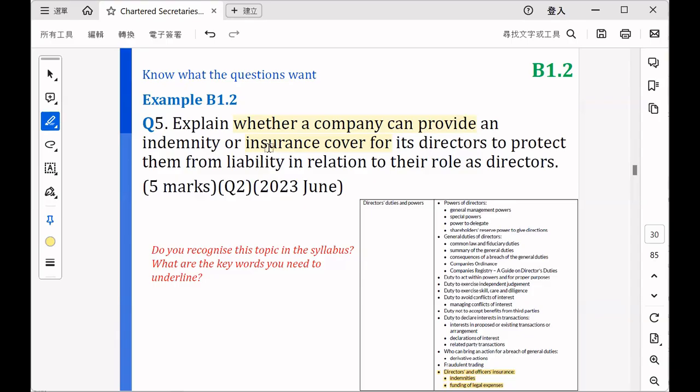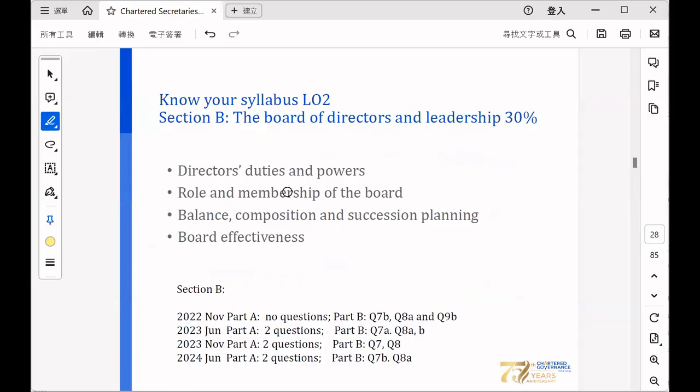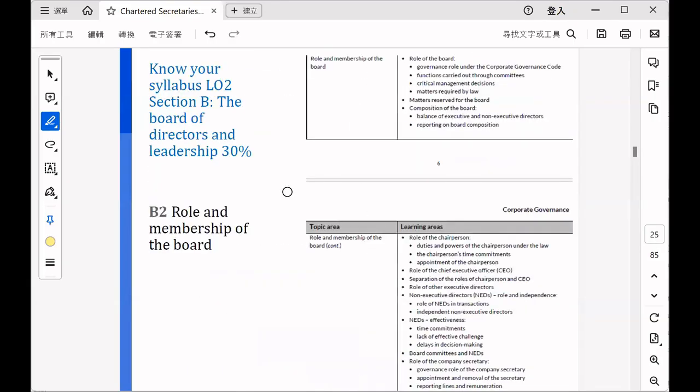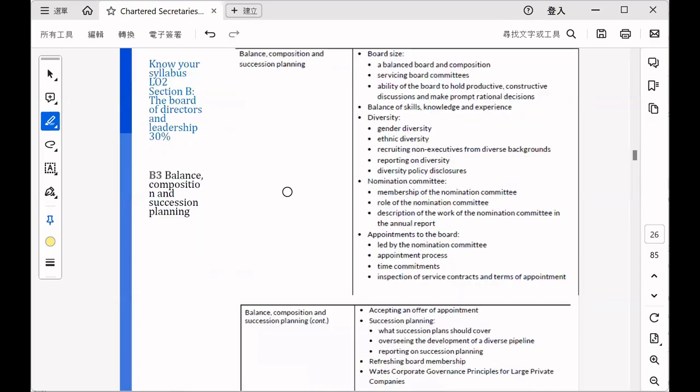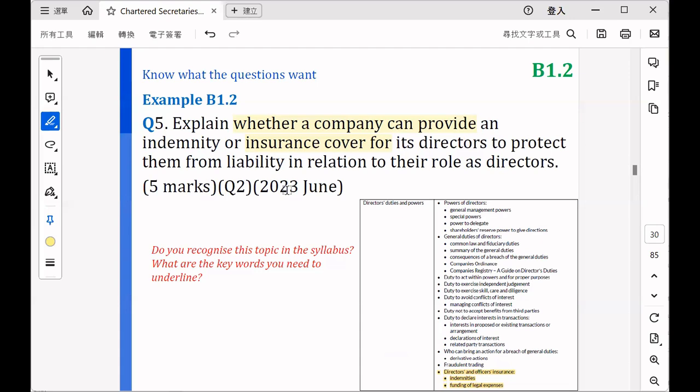Sometimes it's called D&O insurance. What is it? It's the directors and officers liability insurance, the D&O.